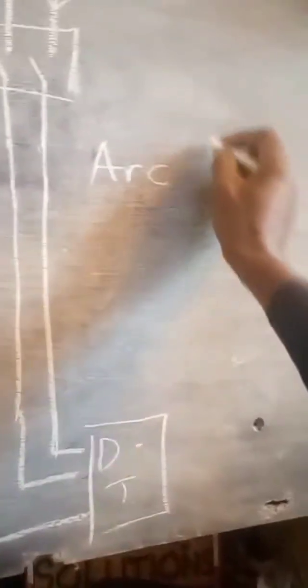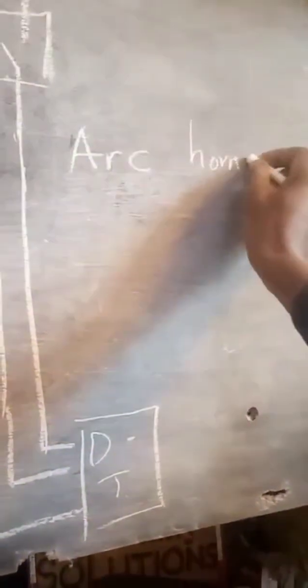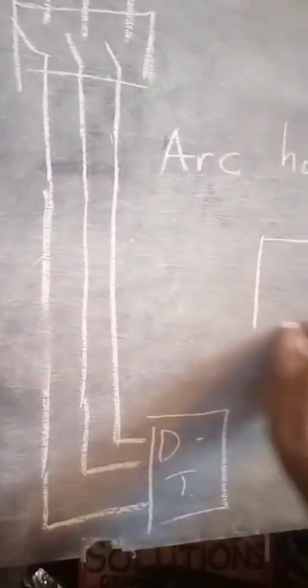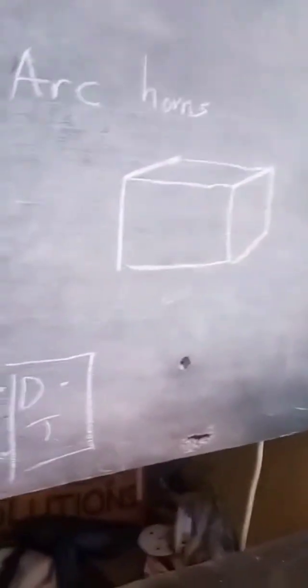So what do we do? We include gadgets that ensure we don't have any voltage surge, and one of the things included are called arc horns. What are arc horns? In the transformer, let me draw a 3-dimensional diagram like this.